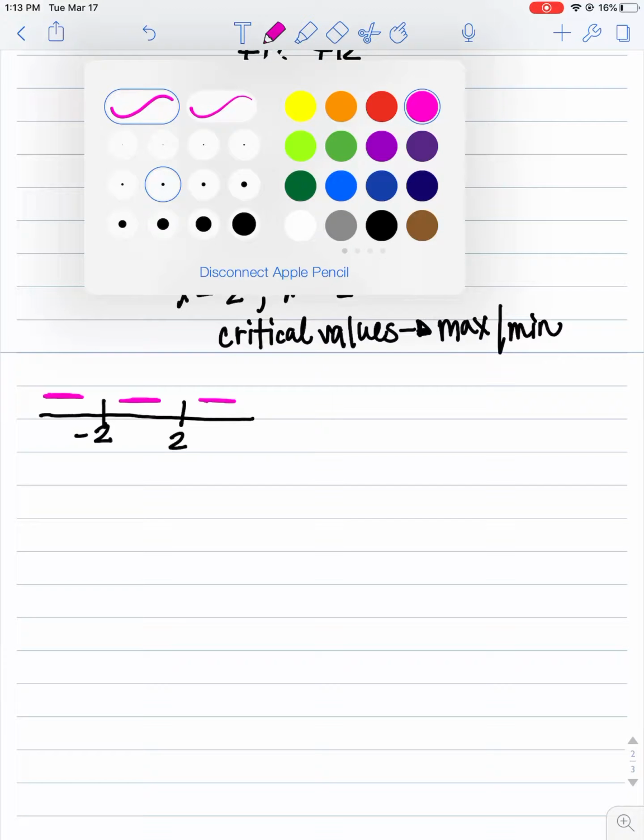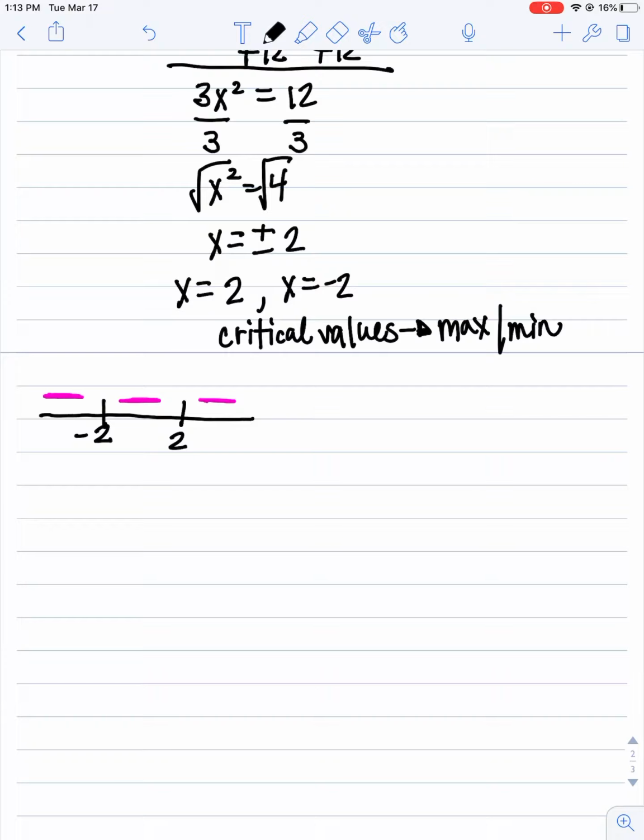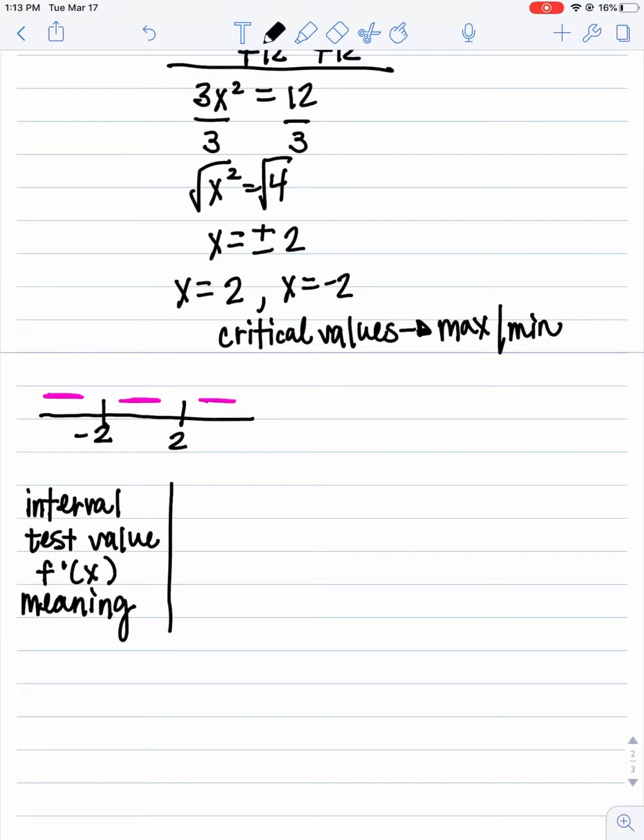If I go to that chart that I showed you in the first video, the first row in my chart is the interval. The second row in my chart that I like to organize is the test value. The third is what happens when I plug it into f prime of x, the first derivative. And then the last row is what the heck does it mean?